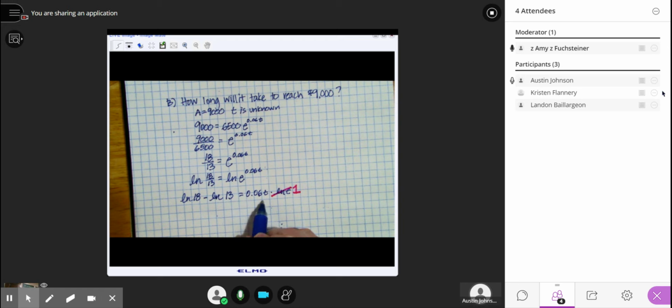And at this point, to get the t alone, I'm dividing by 0.06.